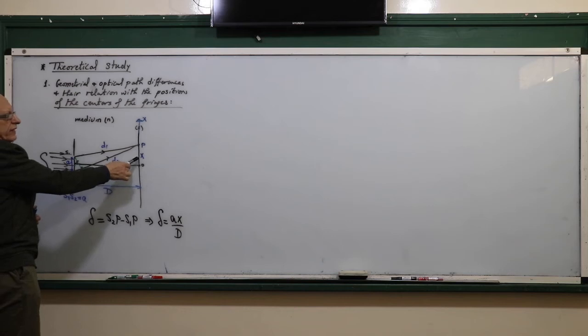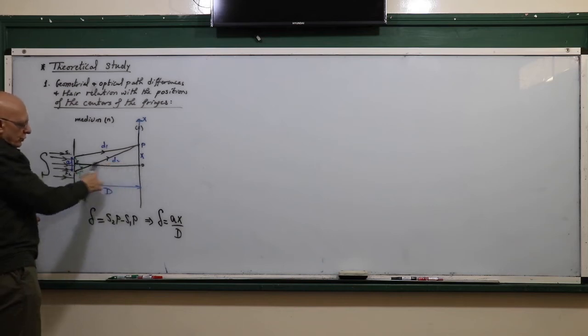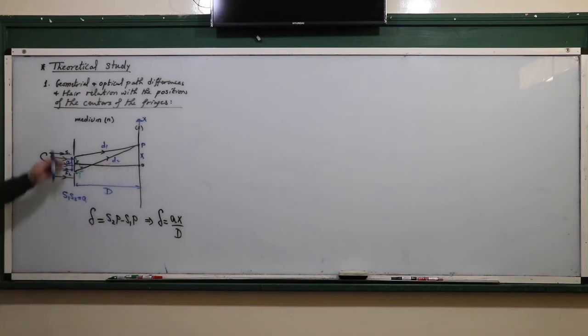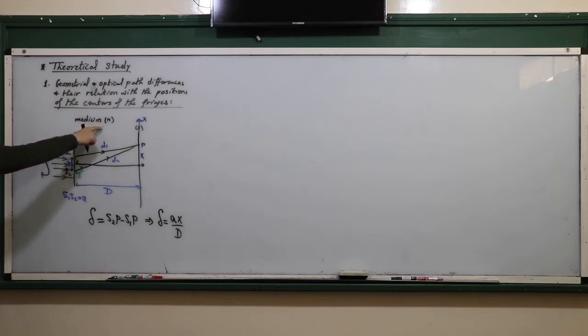A times X over D. Okay, this is the geometrical path because we are in medium N.